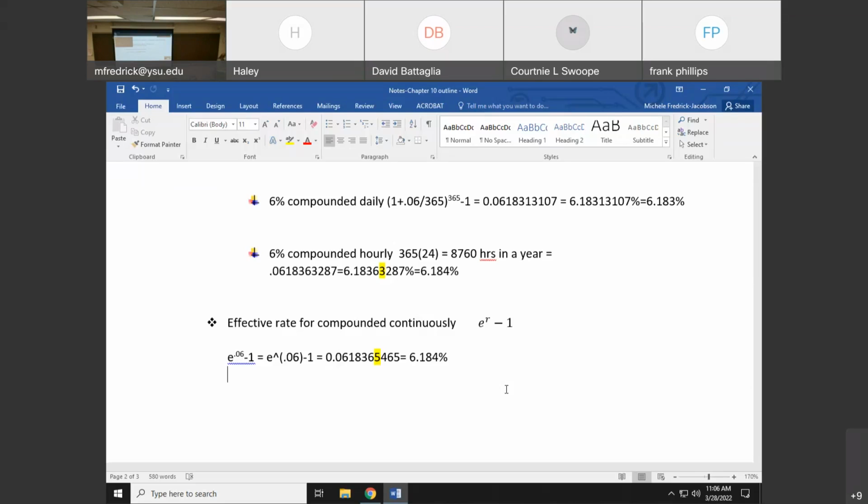I'll have to Google that, but if there were, make sure you have a savings account and not an account where you owe money. Continuously just keeps doing it. Any questions on that?